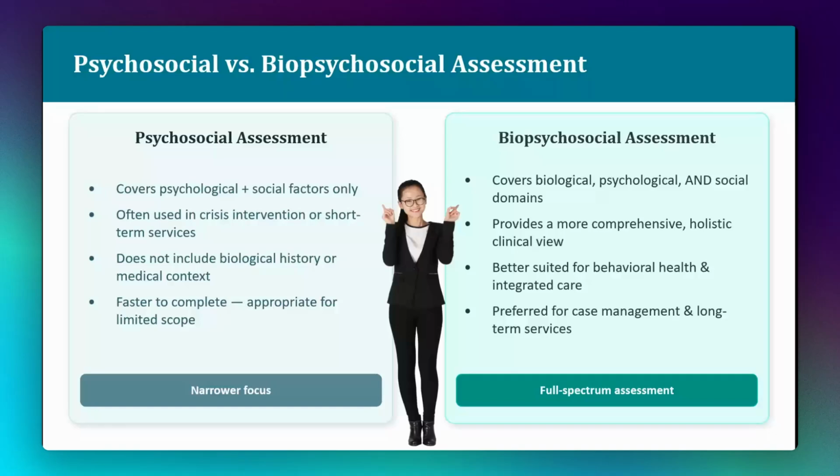If you're trying to decide which format to use, the biopsychosocial assessment for social work is almost always the stronger choice. If you're worried about the number of questions and the length of the form, remember you can reduce the amount of questions. Just make sure you're covering all three domains. The expanded perspective helps you identify patterns and connections you might otherwise overlook.